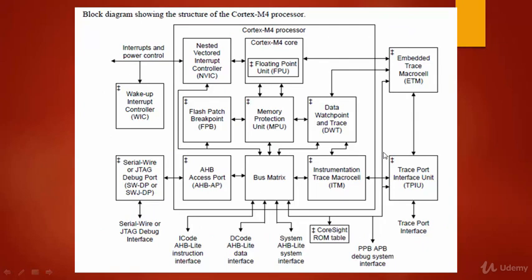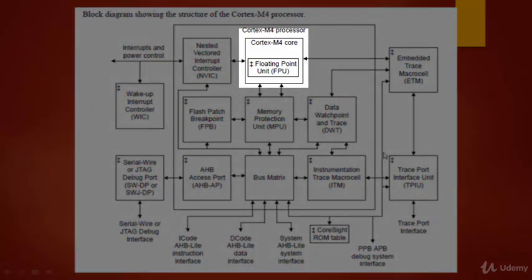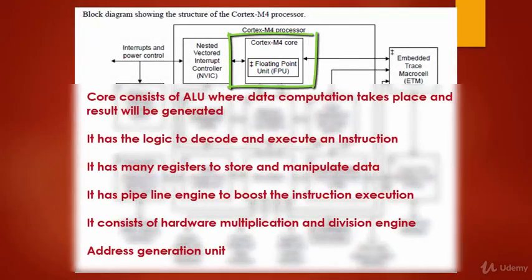So it is surrounded by lots of processor-specific peripherals. Now the question which may immediately trigger in your mind is what exactly is inside the Cortex-M4 core. The Cortex-M4 core is the basic computational engine of the processor. It consists of its own register sets, the ALU where the computation takes place, the barrel shifter, the pipeline engine, various registers to manipulate the data, and special function registers to track the execution state of the core.